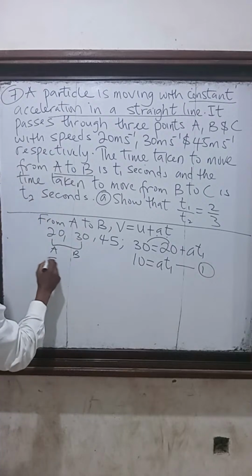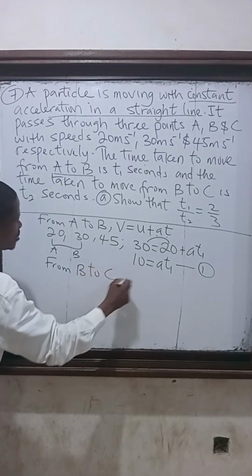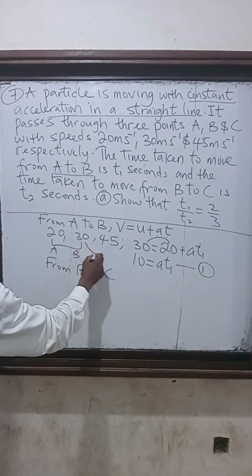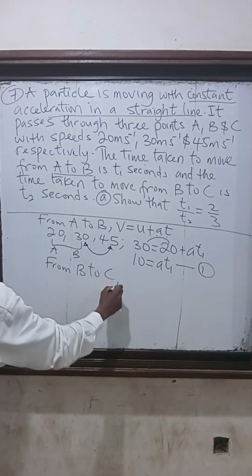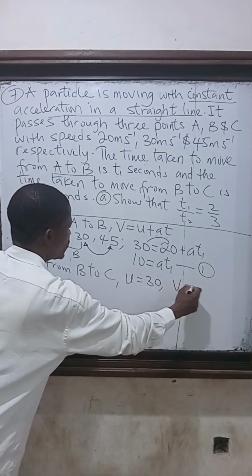And then from B to C, it will be this one. From B to C, our u will be 30, and our v will be 45.